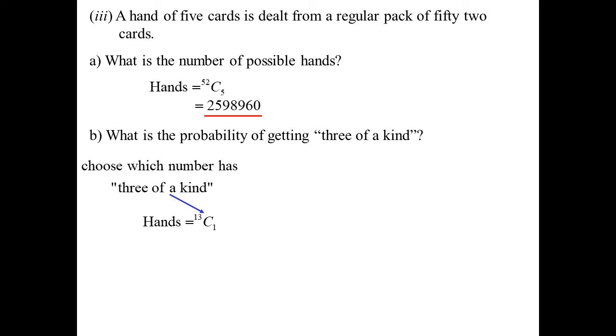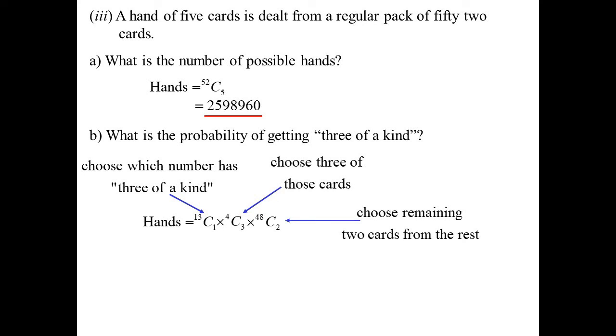Haven't got any cards yet, but now I know I need to get 3 of them. So of the 4 of that number, I need to choose 3 of them. But I need 2 other cards. There's 48 cards left, 48C2, 58,656, which actually, when you think about it, is not correct, because what have I done here?